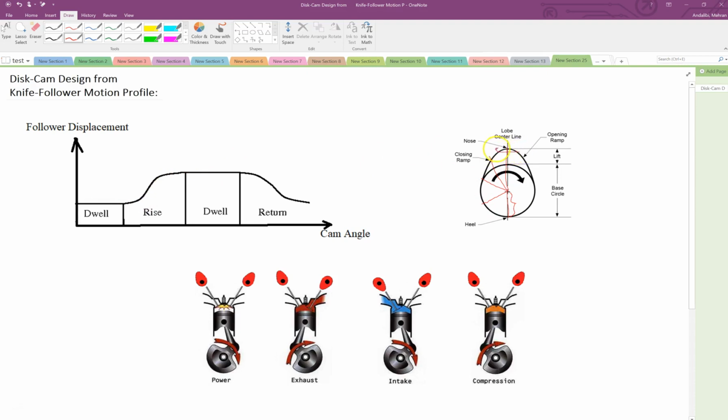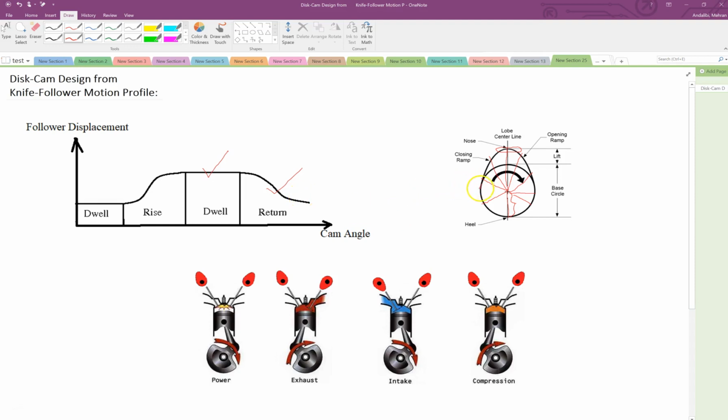Then in this area you have almost an area of almost constant radius where this dwelling happens, and then it starts going down. So you see here now on the right side, the radial distances are decreasing back to the radius of the base where you have the return.